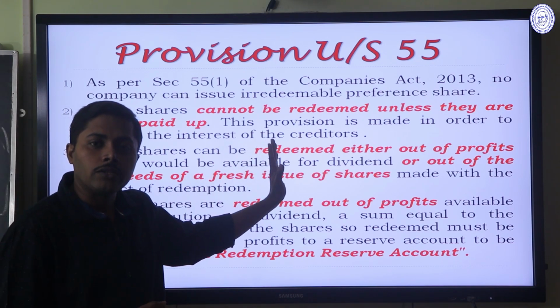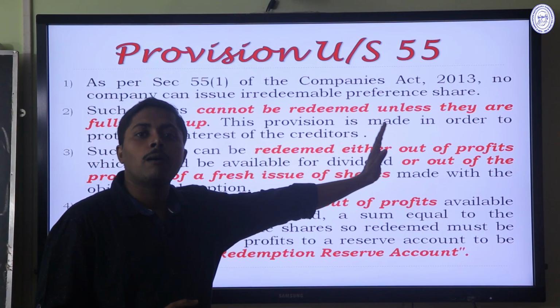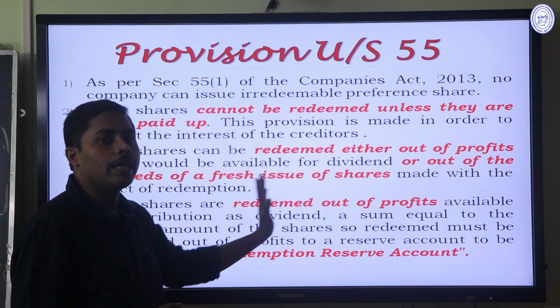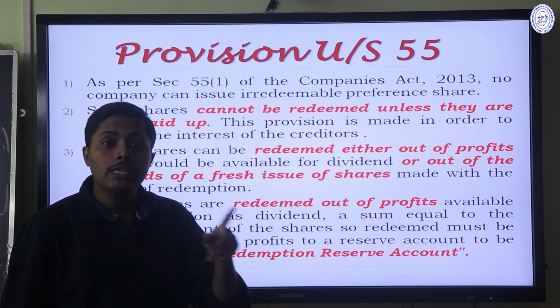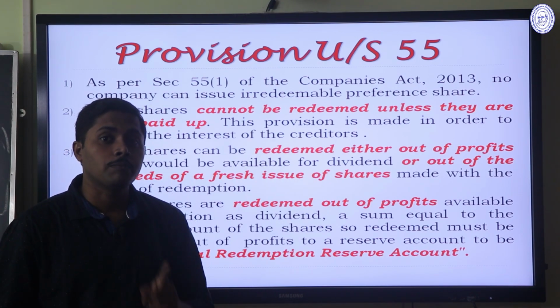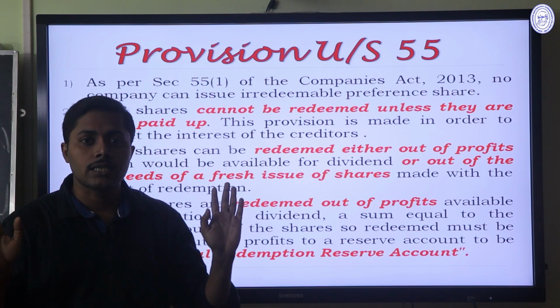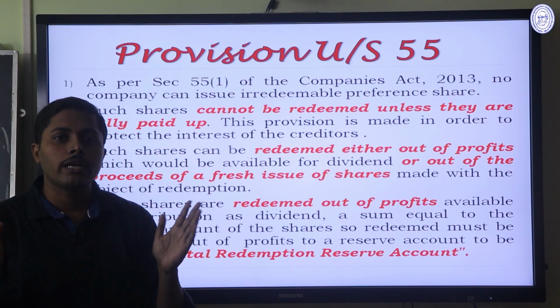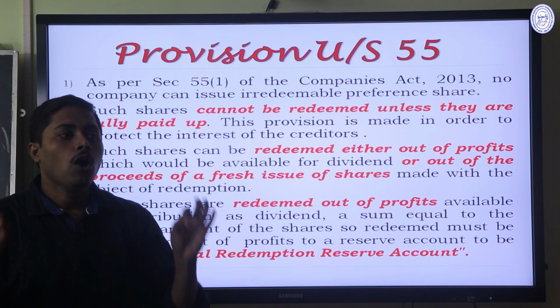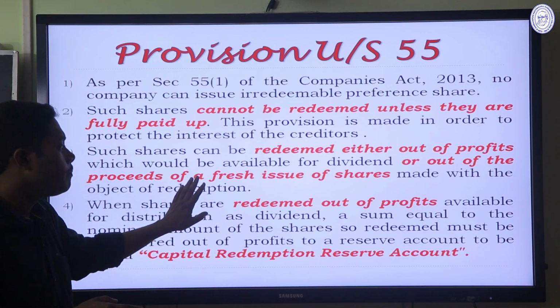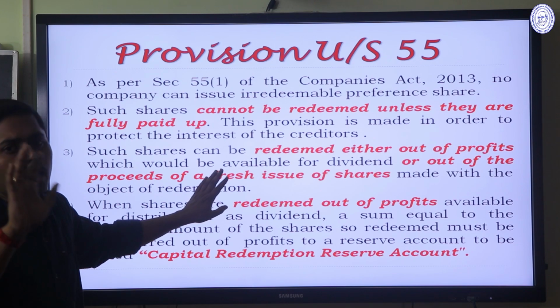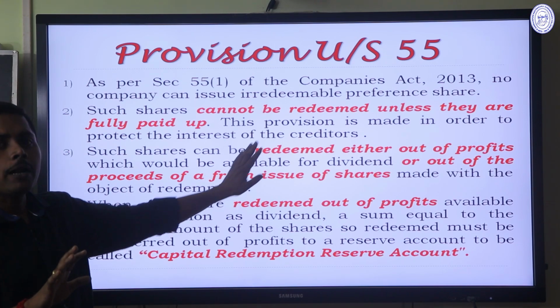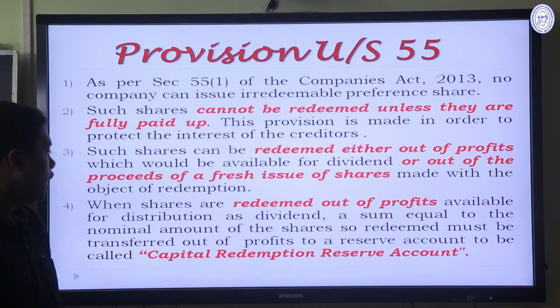Either you can redeem out of the profits, or you can redeem by issuing fresh equity shares or preference shares. Mind it, it is only shares. Issue of debentures or other things is not permissible. Only issue of shares will be permissible, either equity or preference, for the purpose of redemption of preference shares.